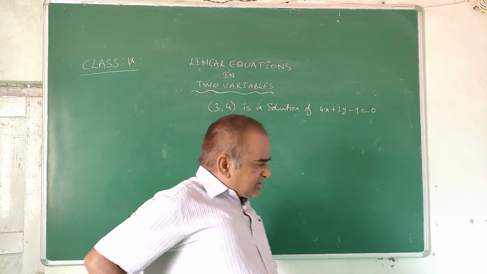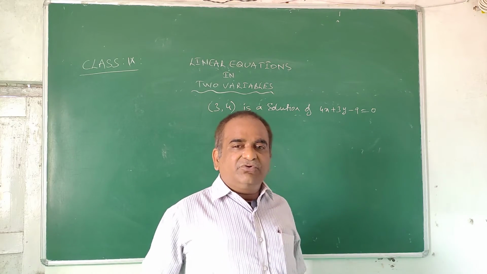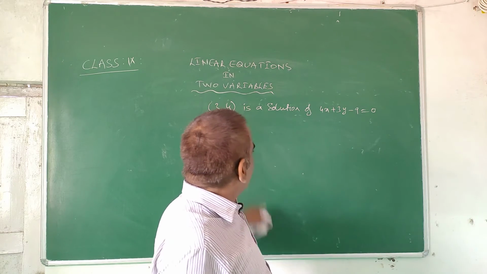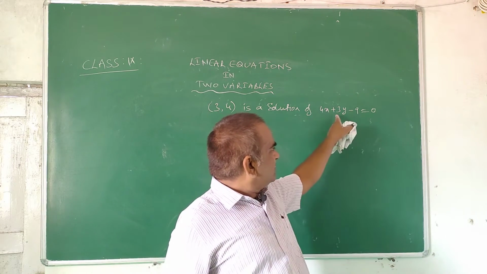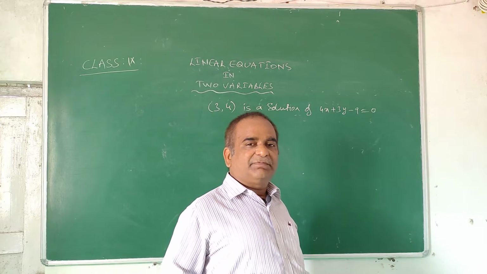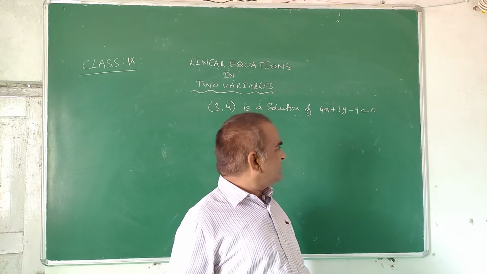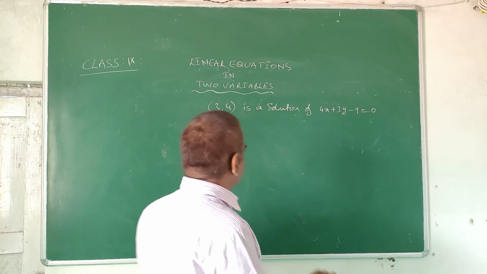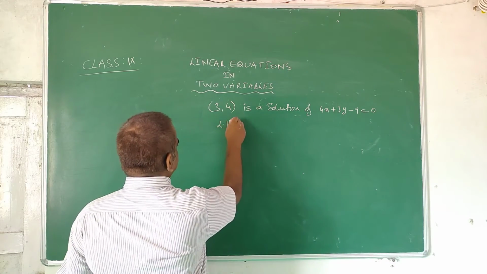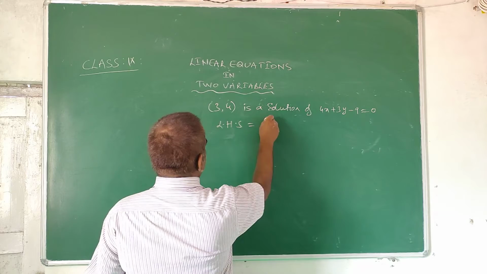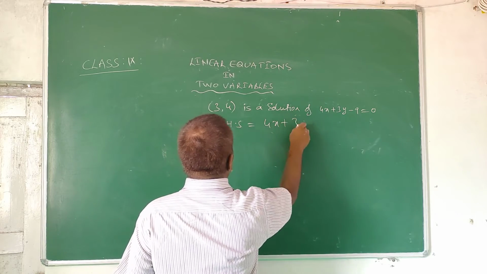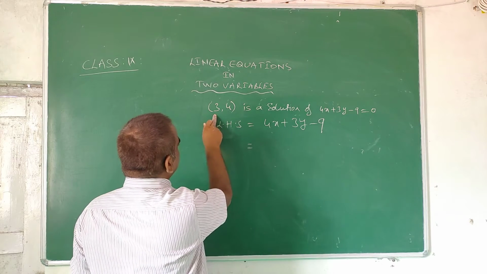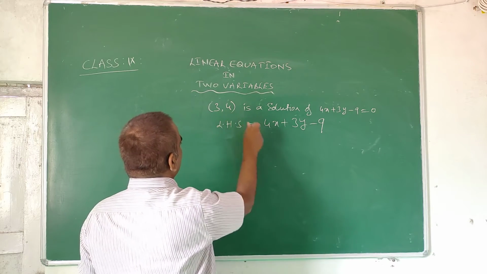For this, you have to replace x with 3 and y with 4, and substitute in the LHS expression. Then you have to see whether you are reaching the RHS or not. Take LHS, which is equal to 4x plus 3y minus 9, and now replace x is equal to 3 and y is equal to 4.